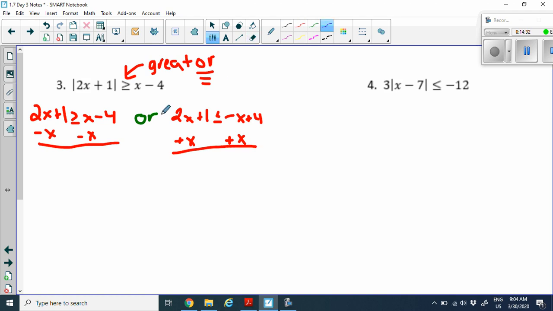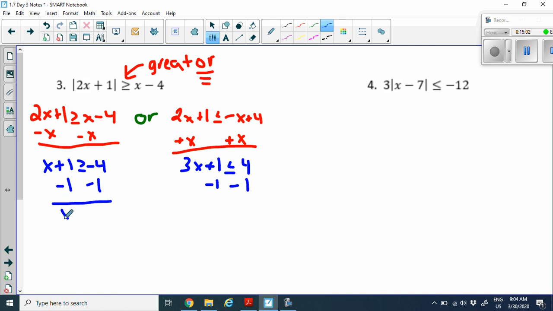Okay, so now from there, on this one, I get x plus 1 is greater than or equal to -4. And then on my other inequality, I get 3x plus 1 is less than or equal to 4. Now on both of them, I subtract 1, so that one didn't change.